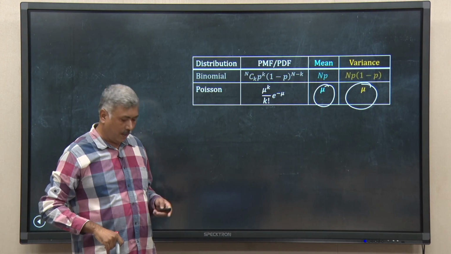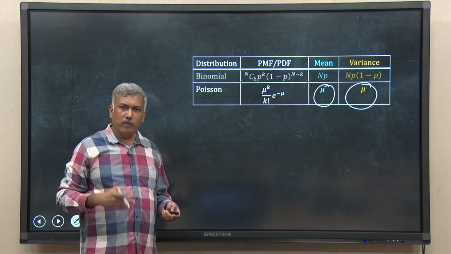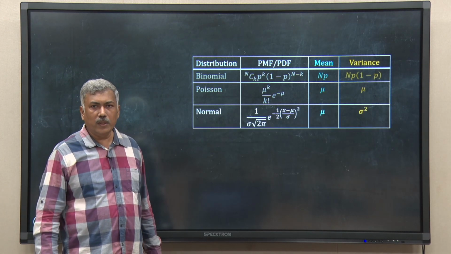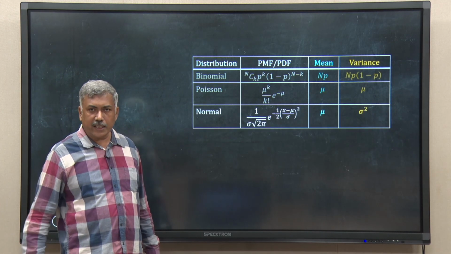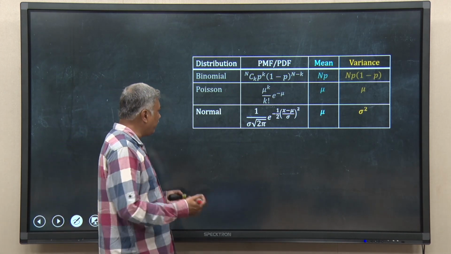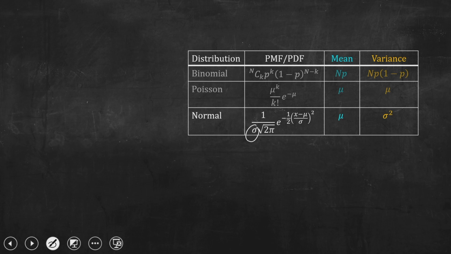Now, come to one of the most common continuous distributions we will encounter in any data analysis, the normal distribution. Its PDF is defined by the standard deviation, and mu is the mean.